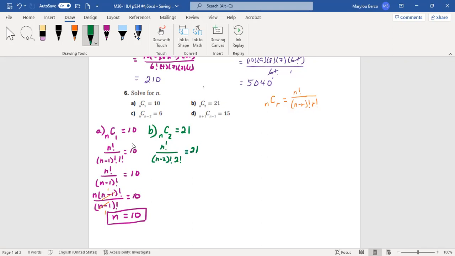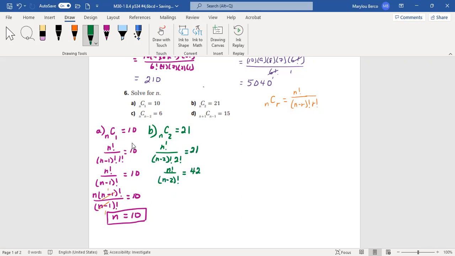So 2 factorial times 21 is n factorial over n minus 2 factorial equals 2 times 21, which is 42.